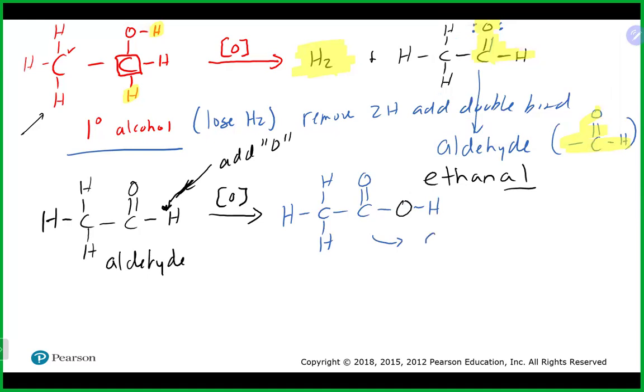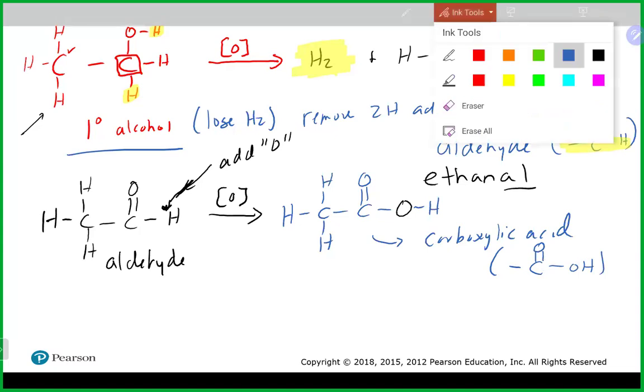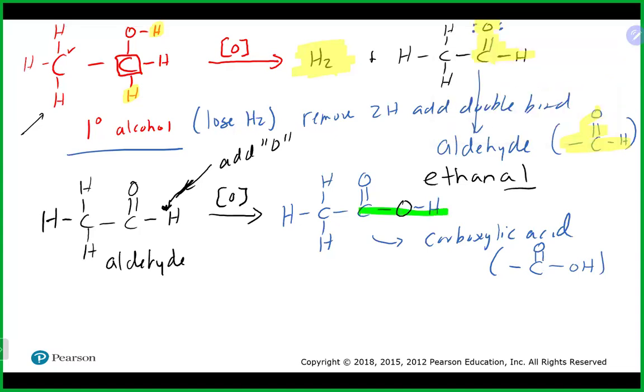This is what is known as a carboxylic acid. A carboxylic acid has this as the functional group, a carbon-oxygen double bond and an OH, which once again is what you see here. And that is the functional group there for this particular guy.